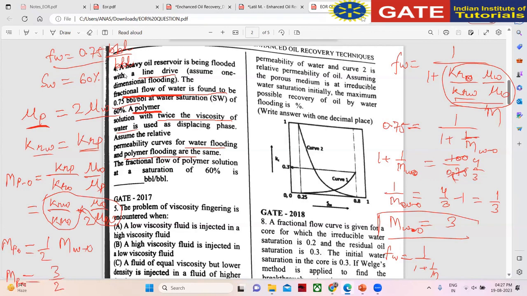Okay. So now calculate the fractional flow of polymer water solution. So now put the value of MPO here. So 1 upon 1 plus 1 by 3 by 2. So your fractional flow equation answer will be here equal to 0.6. Have you understood this question or not?